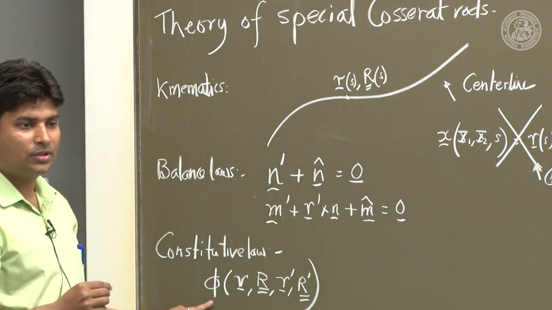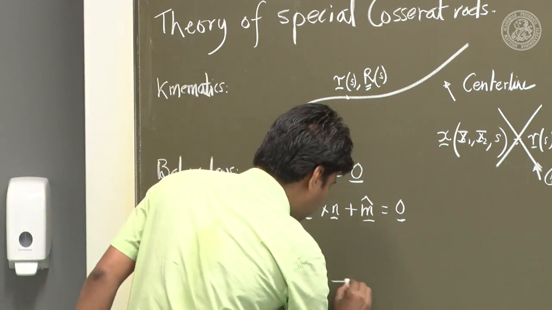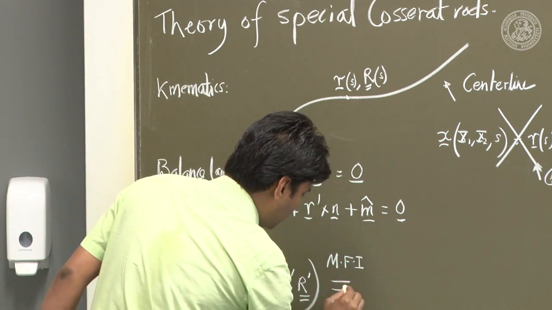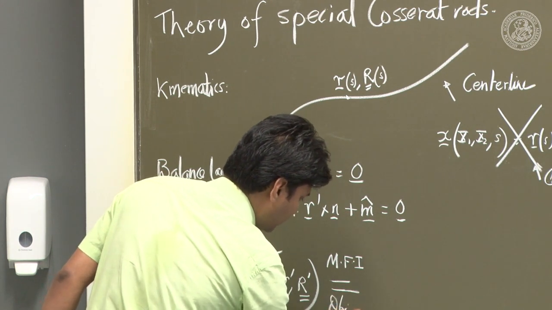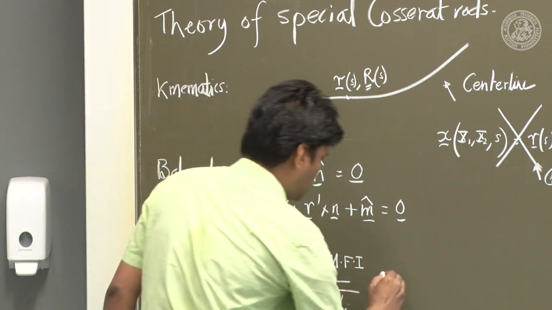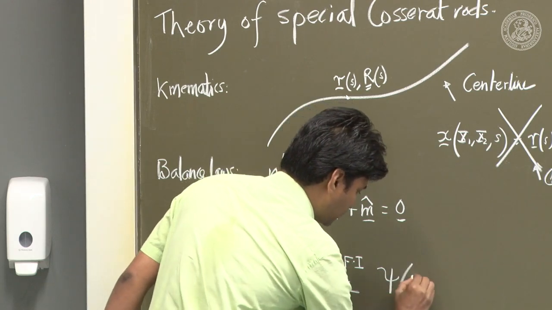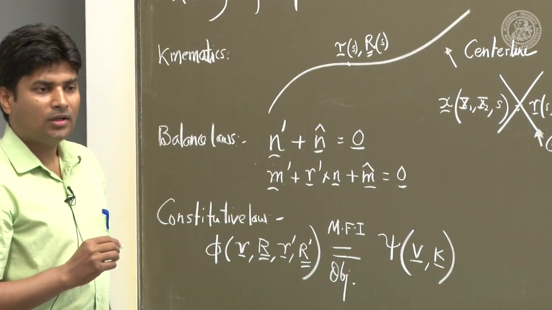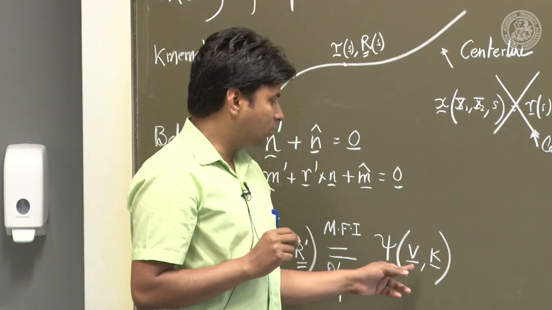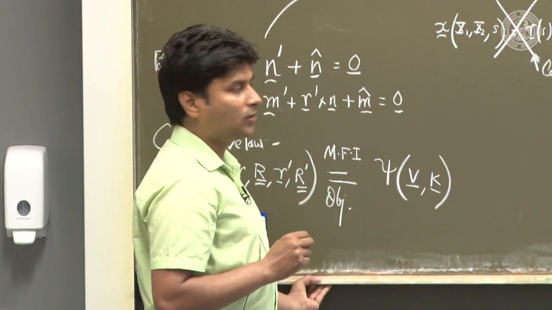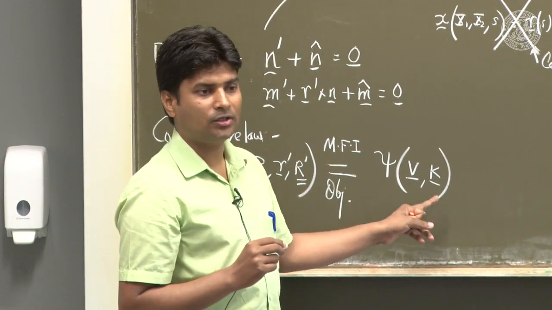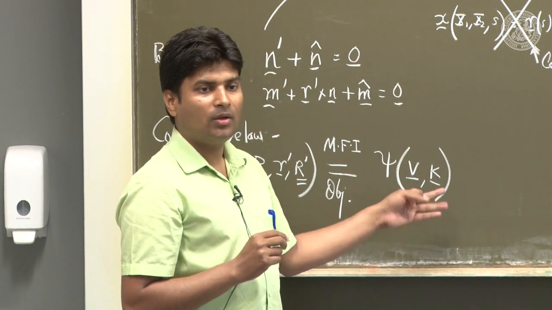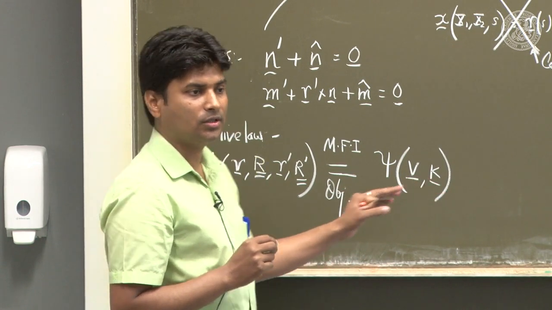Then we used material frame indifference, or objectivity, to come up with this function. And we asked what are the physical meanings of these two quantities V and K. V contains shear and axial stretch, and K contains bending curvature and twist, isn't it?